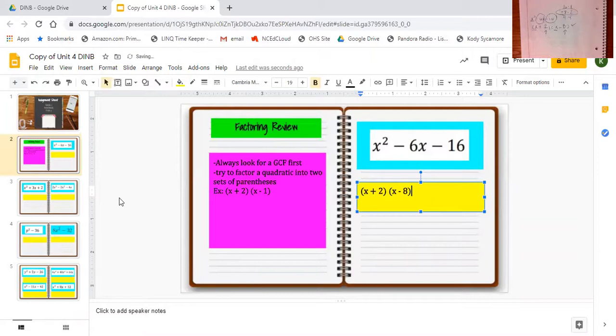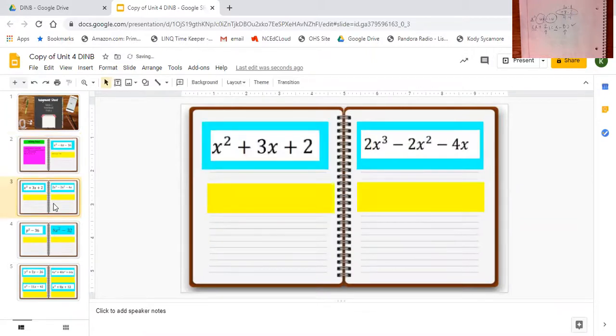All right, let's go to the next one, which is x squared plus 3x plus 2. Again, no GCF because they don't all have an x in common, and there's no number in front of my x squared. So I'm going to go straight to parentheses. X times x is x squared.